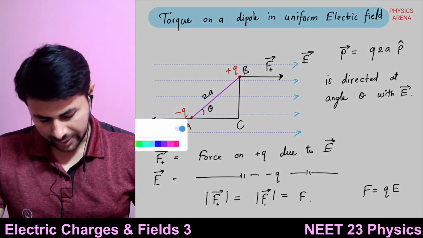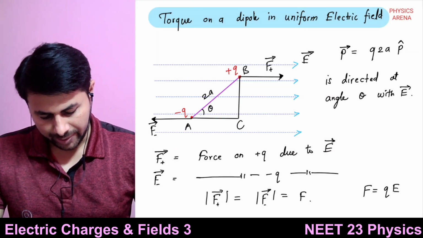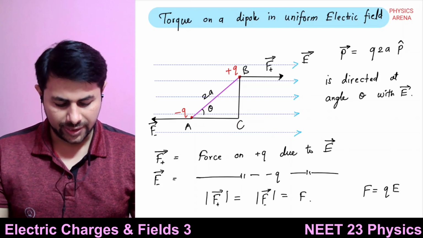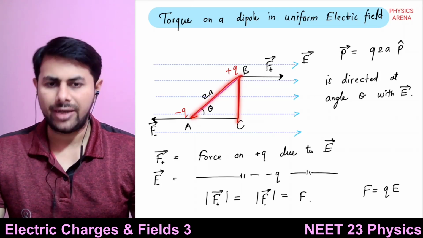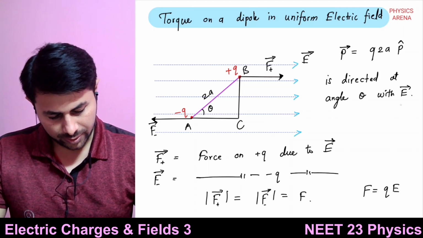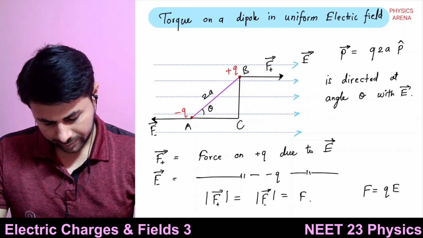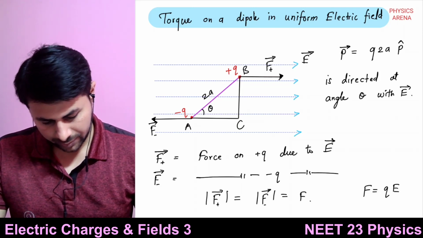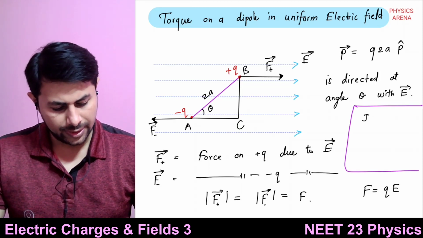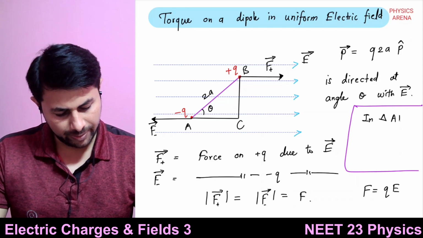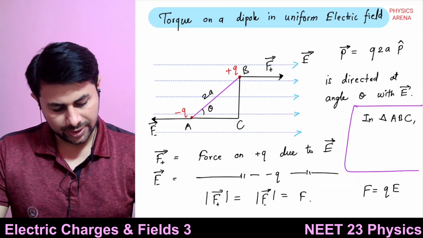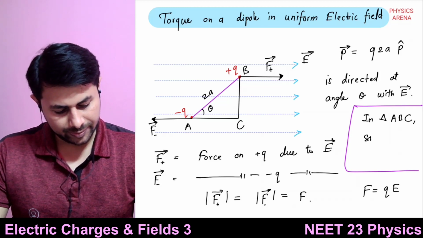And in this triangle ABC, we have sine theta equals BC divided by AB, right? So in triangle ABC, sine theta equals BC divided by AB.